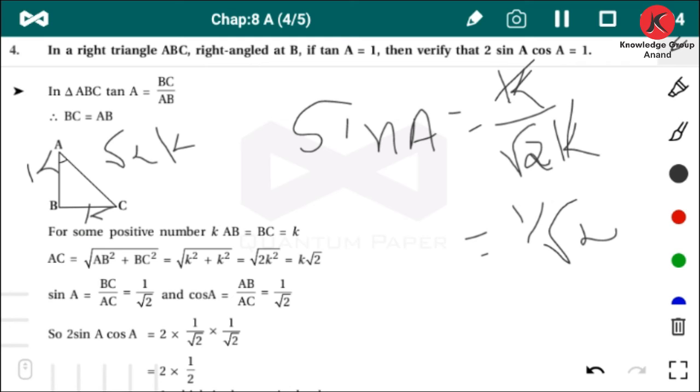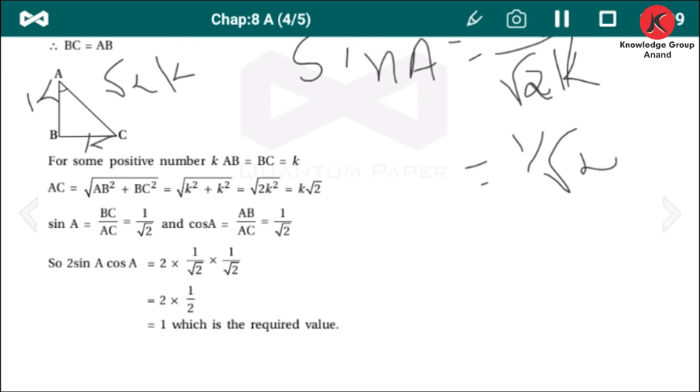Similarly, cos A is equal to K upon root 2 K. Therefore, cos A is equal to 1 upon root 2.